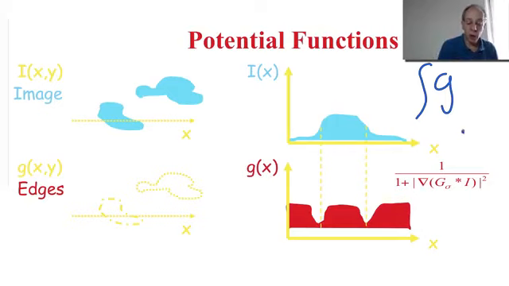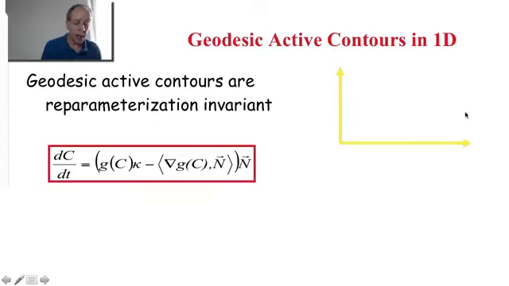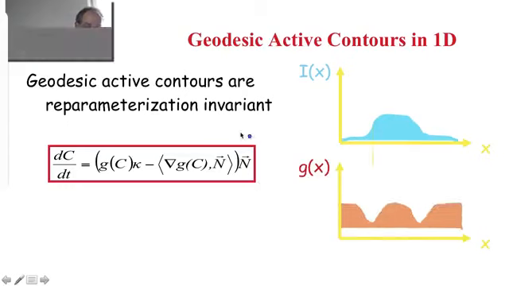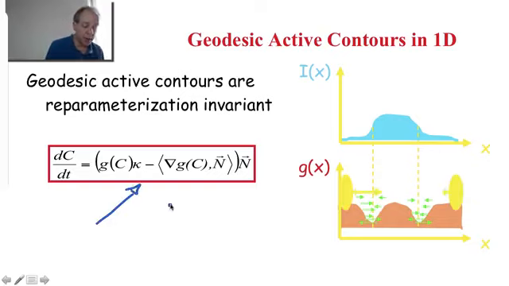Now, when we do the Euler-Lagrange or the calculus of variations of this, we got this equation that we see here. This is the equation that I showed you a number of times to be basically the equation of the calculus of variations. So this is the equation that is minimizing this. It's a curve evolution. The curve is evolving. We have seen this a number of times already.